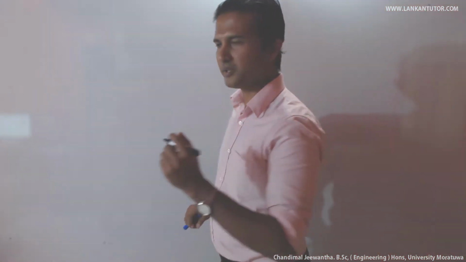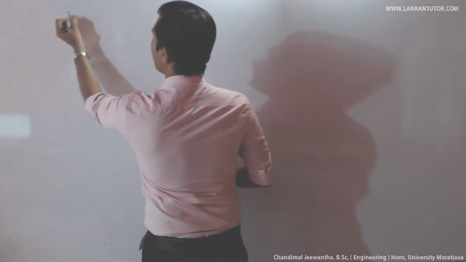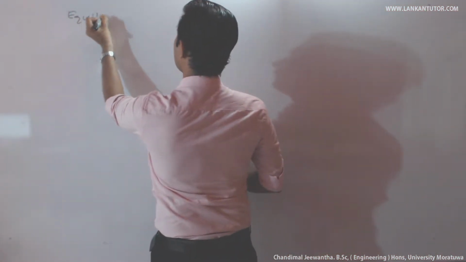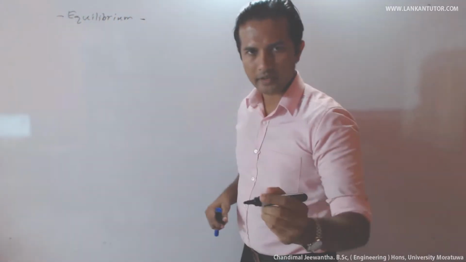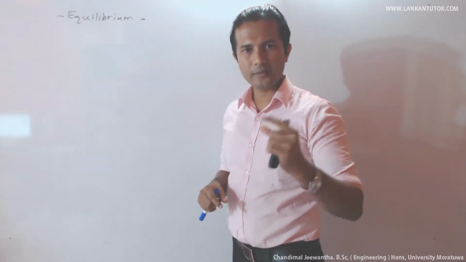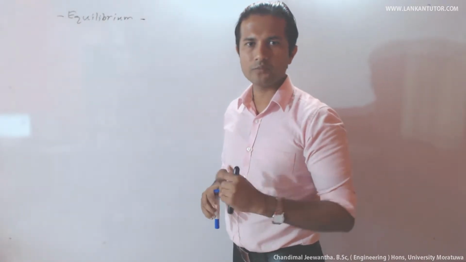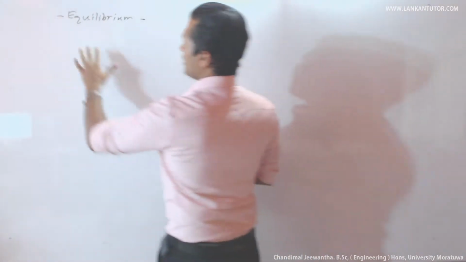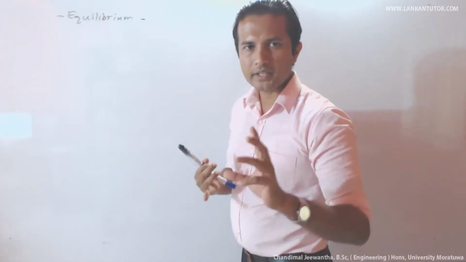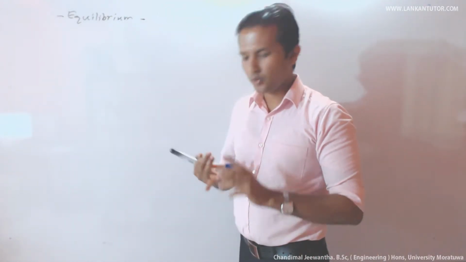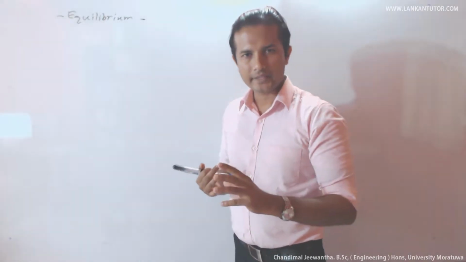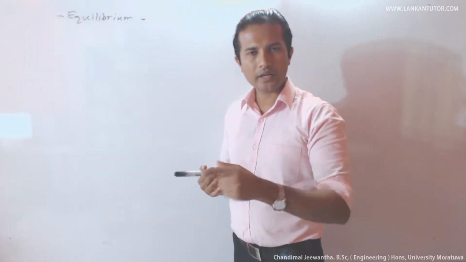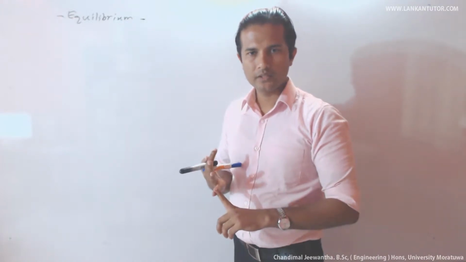Let's move on to equilibrium. Equilibrium is known as a special type of motion of an object. When an object is in equilibrium, the components along the x-axis towards left and right should be equal to each other.